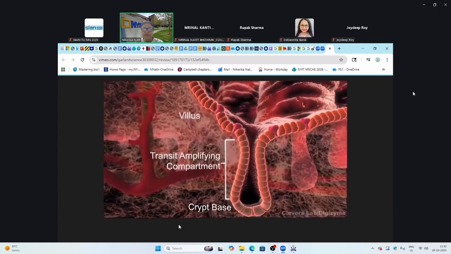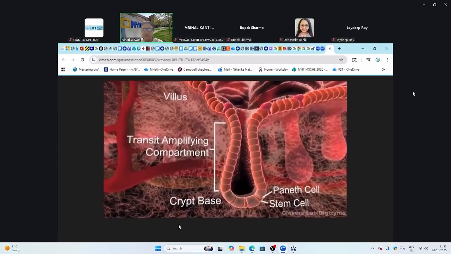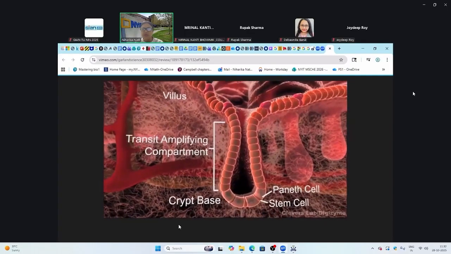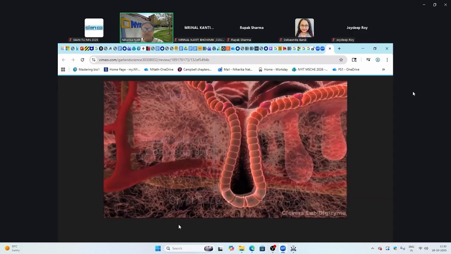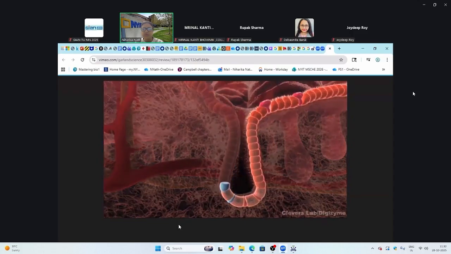Now you go down inside and you go to the crypt. And so look at this. There are stem cells. You can ignore that. But this is the crypt. This is the normal looking crypt, which is at the base. And there are stem cells that are telling it to multiply, and something can go wrong.